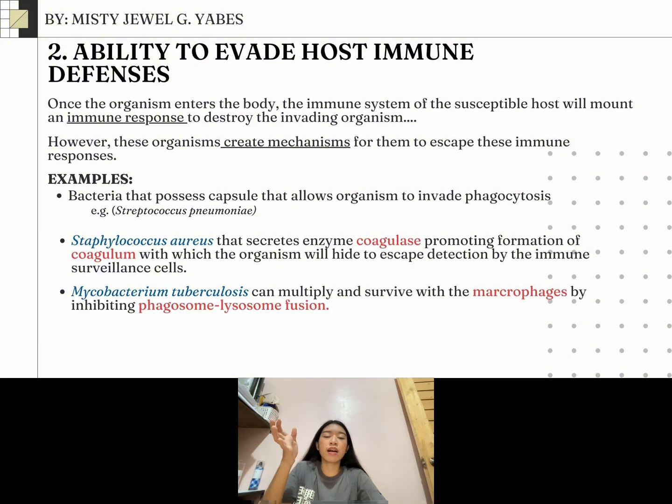However, these invading organisms are clever, because they develop mechanisms to escape our immune responses. So, ano nga ba yung mga example dito?